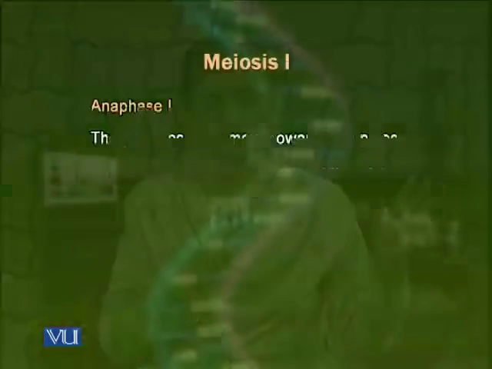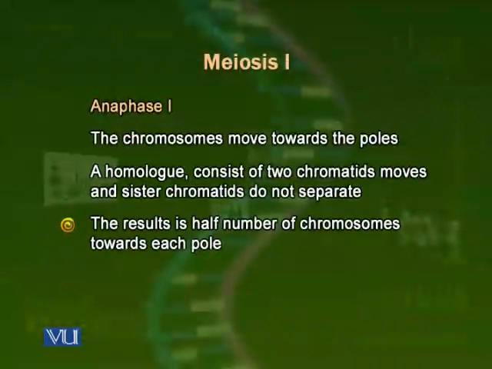So one homologue, which consists of two sister chromatids, will move towards one pole, and the other homologue, we can call it homologue 2, which also consists of two sister chromatids, will move towards the other pole. So the half set of the chromosomes is moving towards one pole and the other half set is moving towards the second pole. So this is the anaphase I.